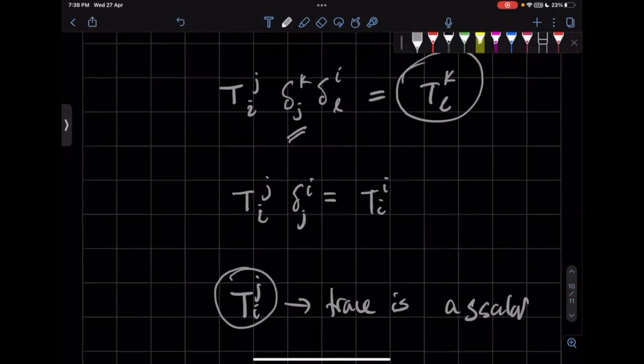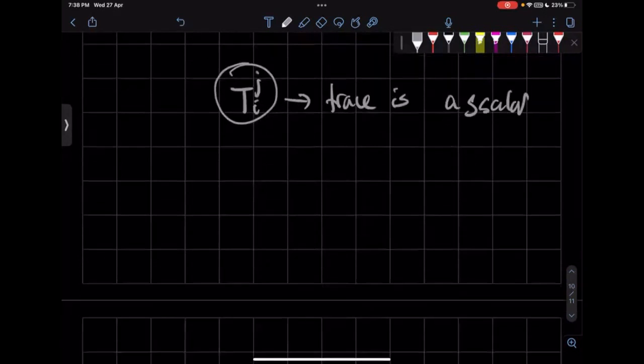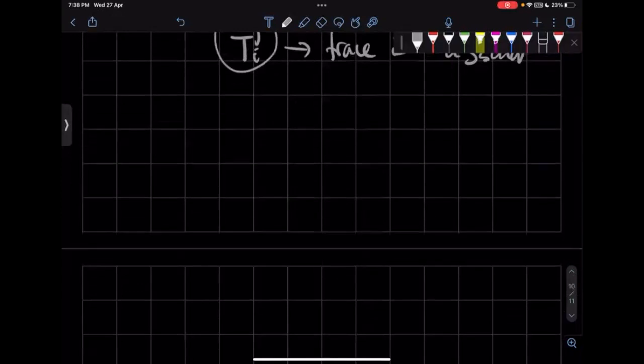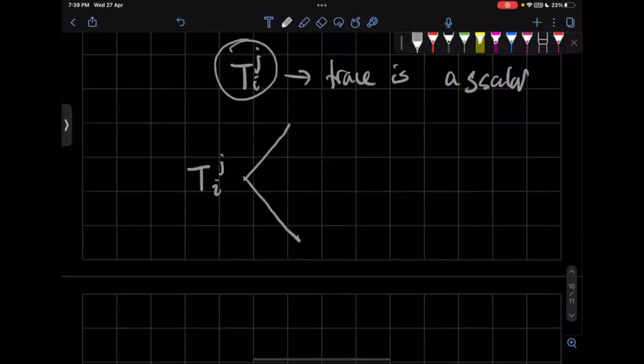So you can write this as, let's take Tij and divide it into, say, tau. What is tau? Tau is Tii, which is the trace part, which we can write from Tij using the invariant tensor delta.